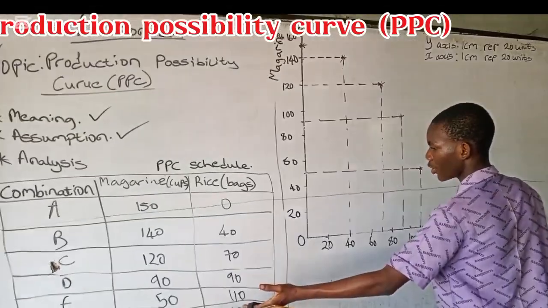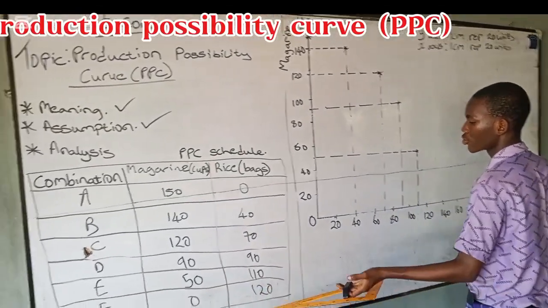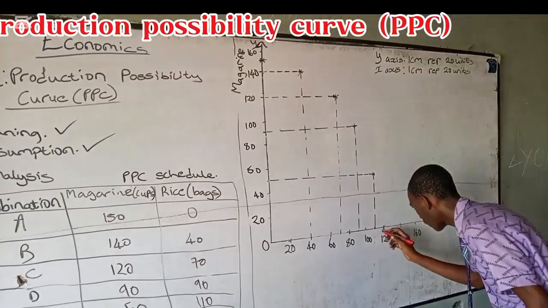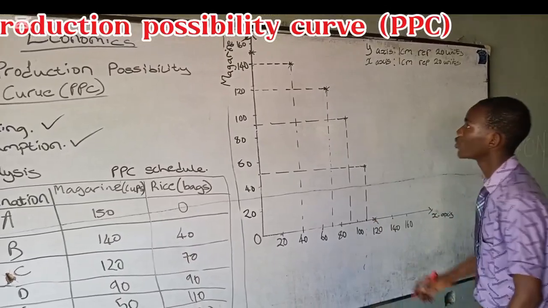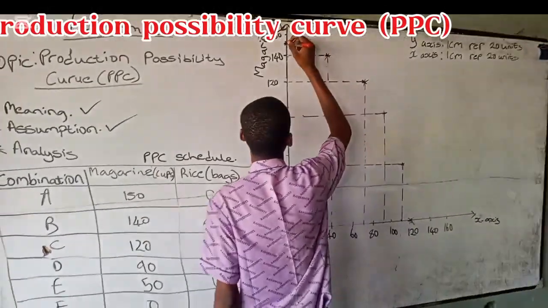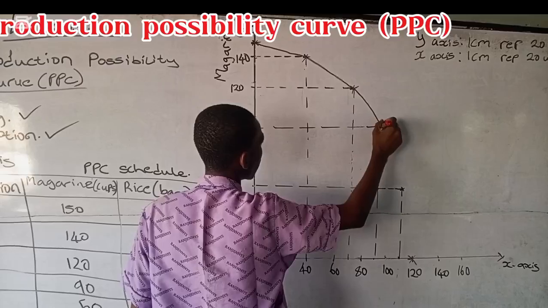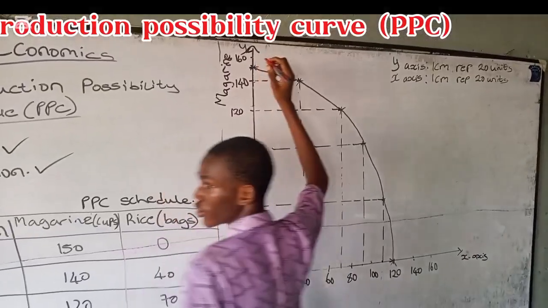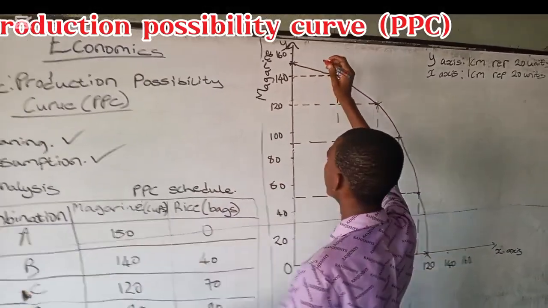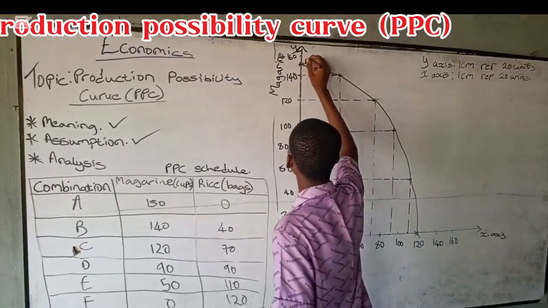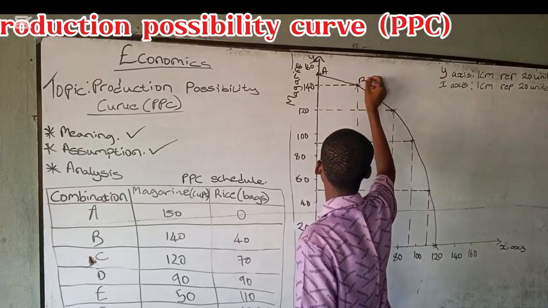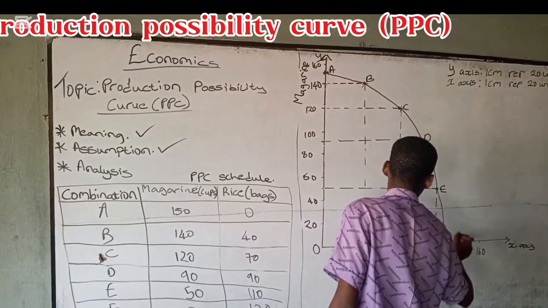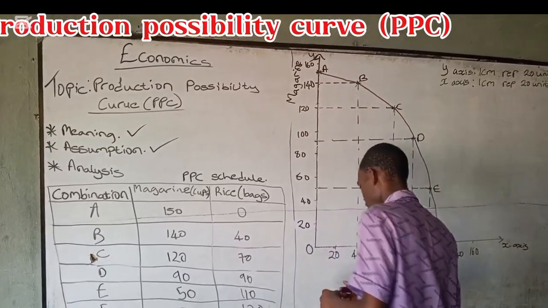And combination F, 0 cups of margarine to produce 120 bags of rice. That's here. So from our combinations, here is combination A, B, C, D, E, and F.